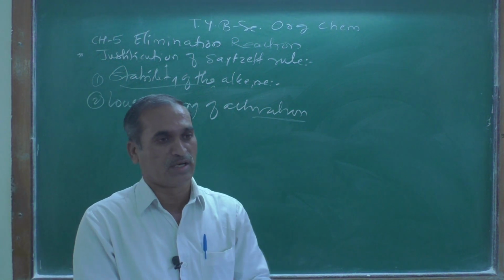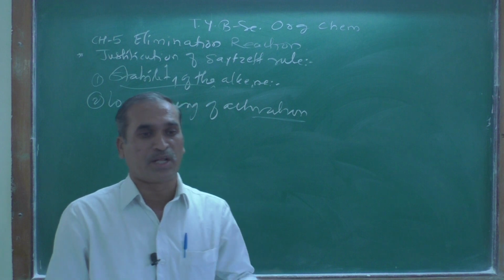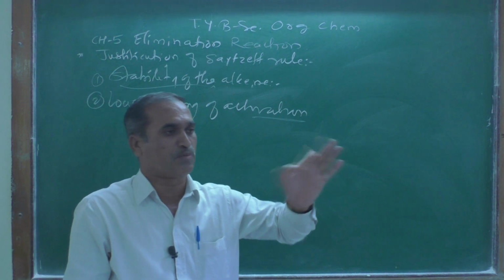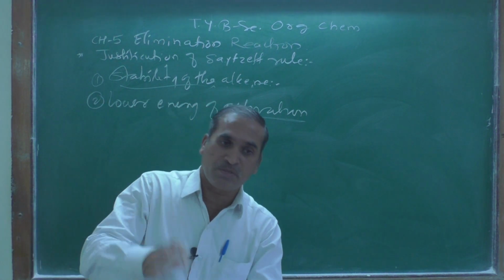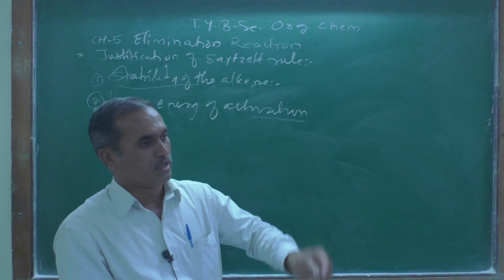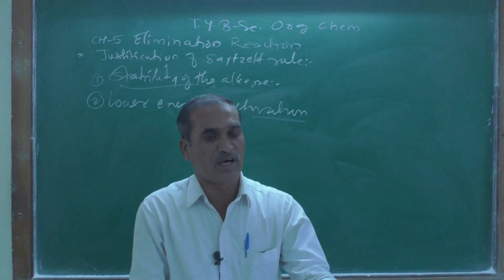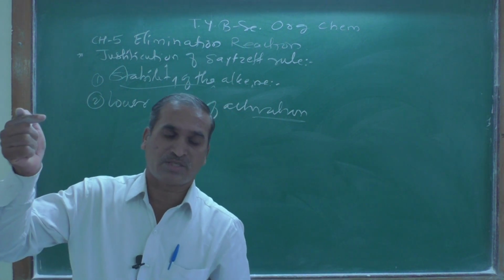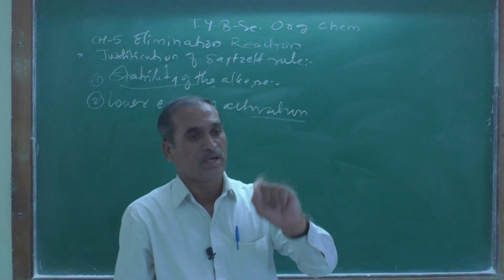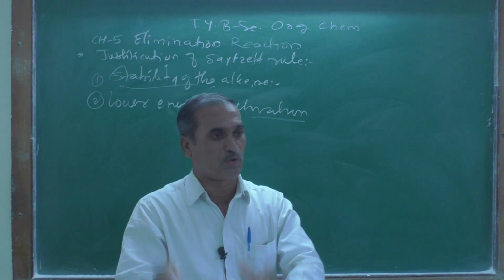I am showing here the graphical representation, that is the energy profile diagram. Again, energy profile diagram means what? The graph plotted of potential energy versus reaction coordinate is known as the energy profile diagram.